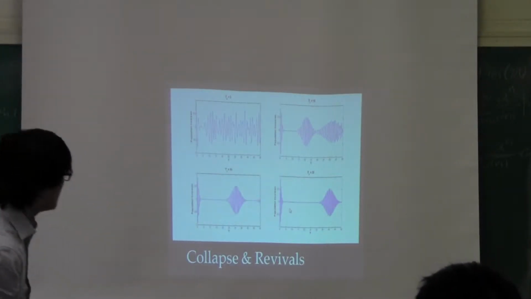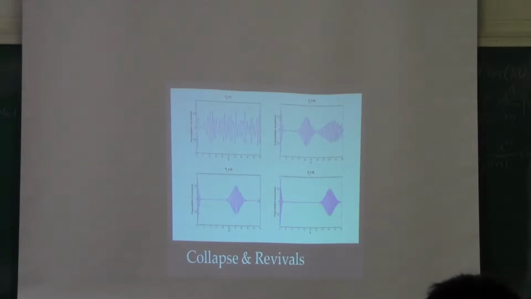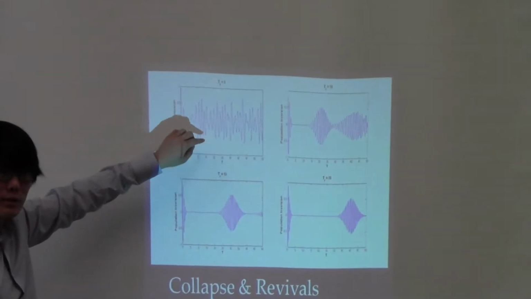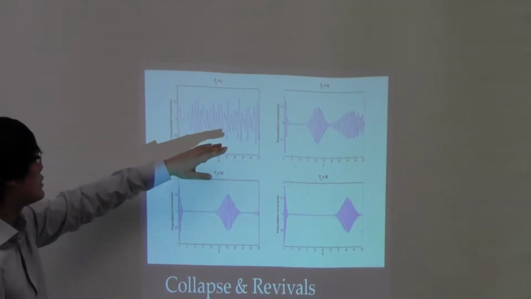Okay, so I've plotted what the time dependence is for a bunch of coherent states. And the coherent states had a different number of expected photons. For this one, there's very little expected photon. You see the thing is pretty chaotic.